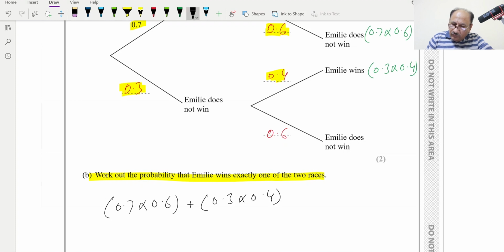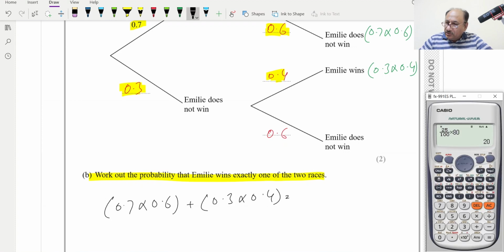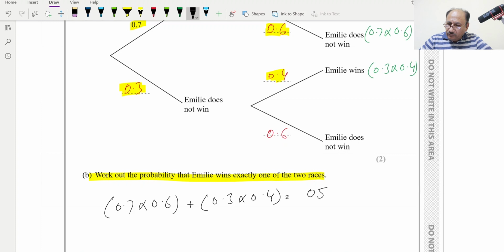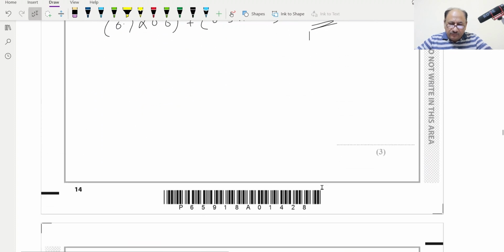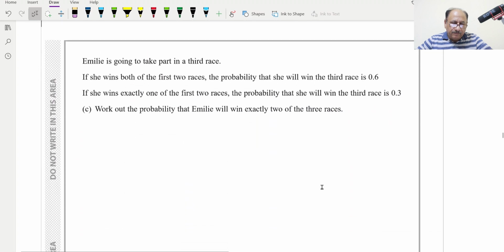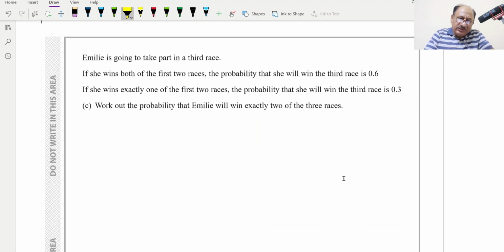This one we can calculate, and this will be bracket 0.7 multiplied by 0.6 plus bracket 0.3 multiplied by 0.4, and this will be equal to 0.54. This will be the probability for this. Hopefully you understood this.